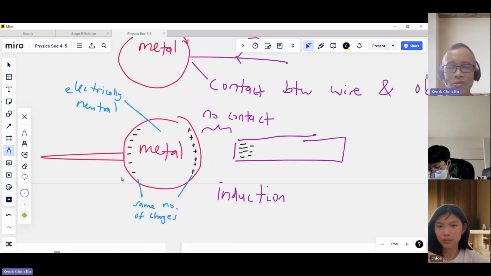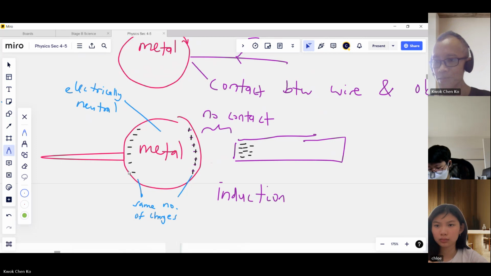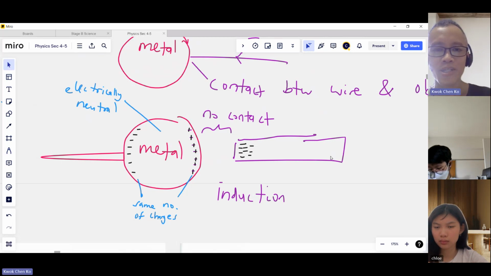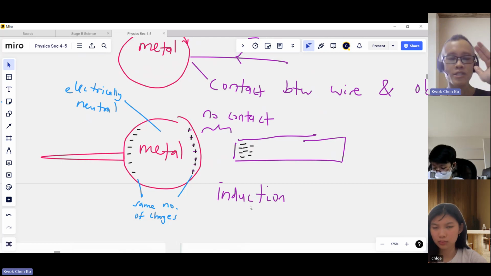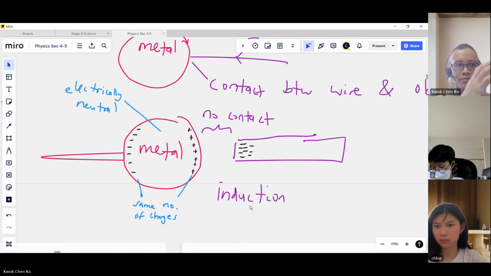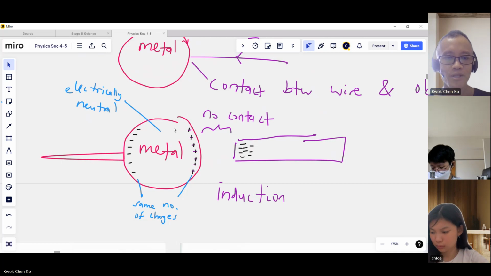So that's how it works. Just one last thing about induction. If you ever use the word induction, it means that it's charging an object with a distant charged object. There is no contact between this conductor that you want to charge and the originally charged object.